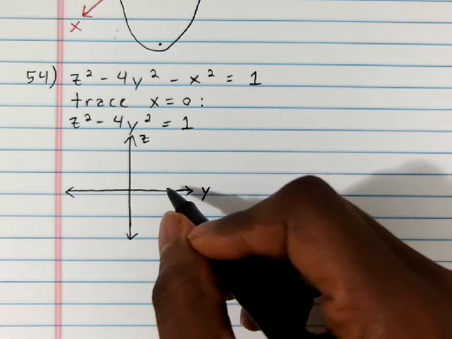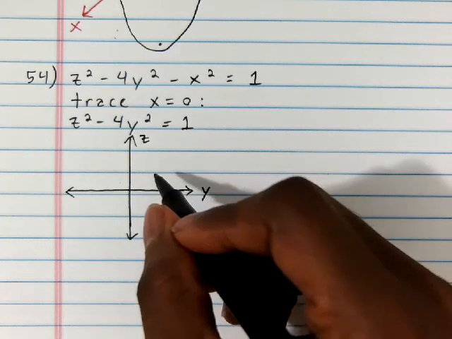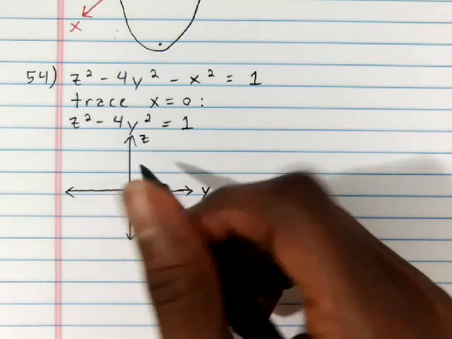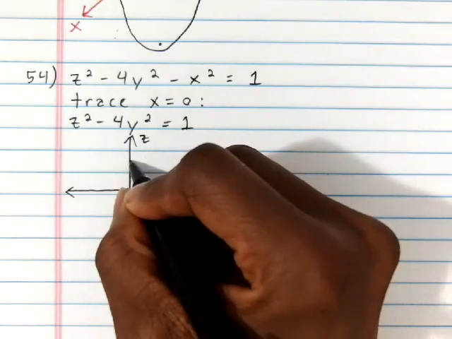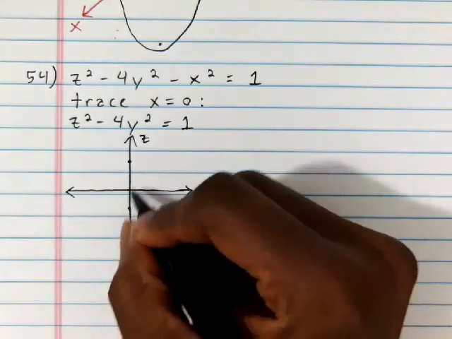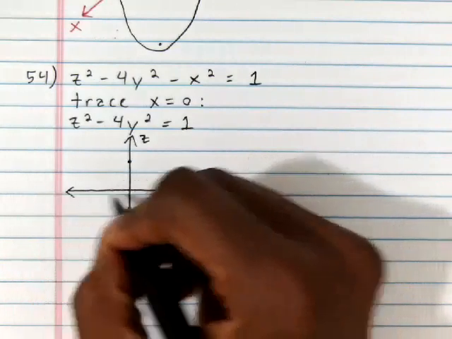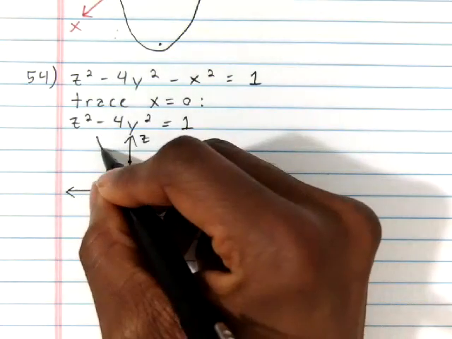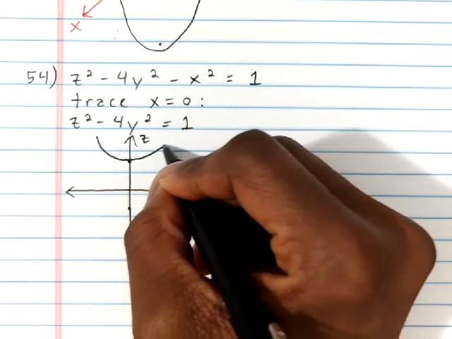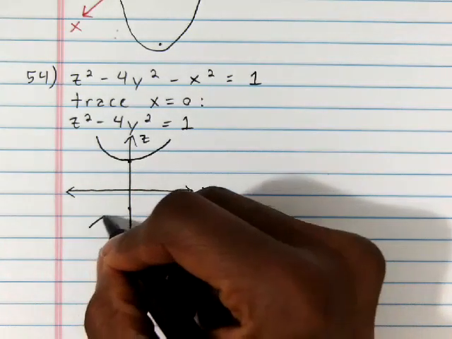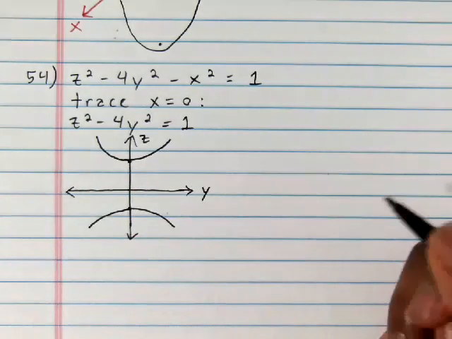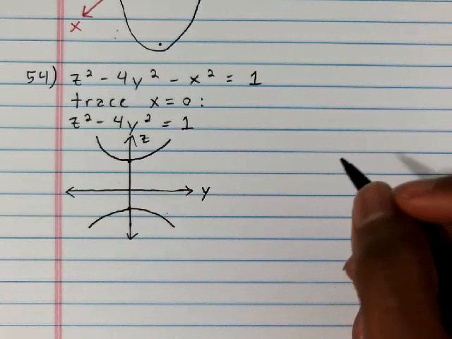Now if you wanted to, you could look at when y is 0, you get z is plus or minus 1. So I'm going to be whatever there and there. But as soon as I knew that z could not be 0, I knew my hyperbola was going to look something like this. All right, and that's basically all we'll need to know for that.